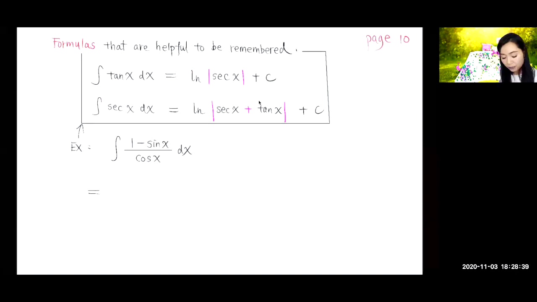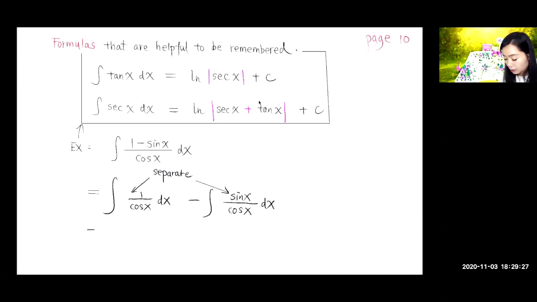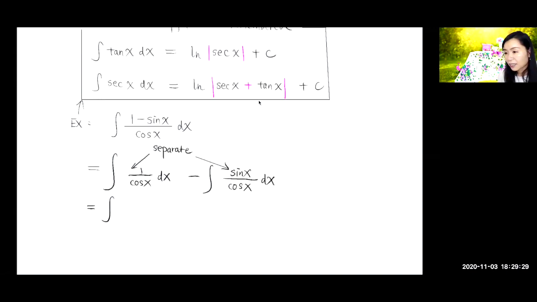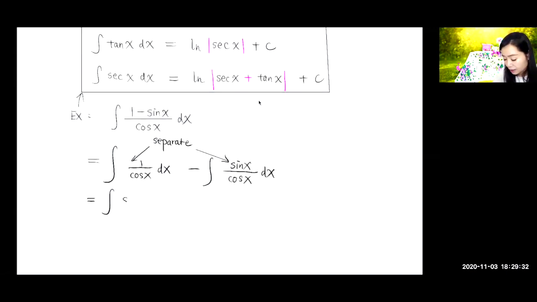Now let's do this problem over here, see if we can make use of these two formulas. So first of all, I'm going to separate this into two separate integrals. So the reciprocal of cosine is secant. So this is secant x. Sine x over cosine x is tangent x.